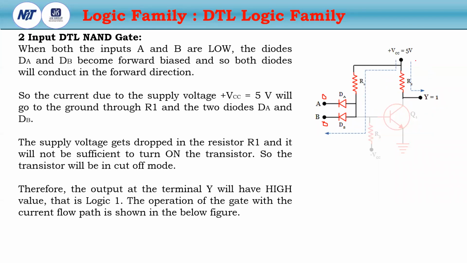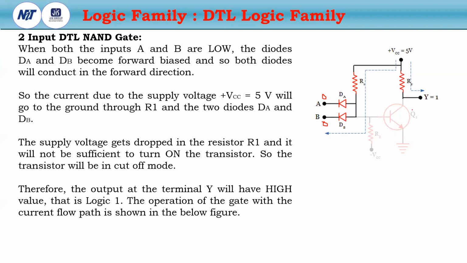So no current will be produced through R2, and there is no voltage drop at the base of the transistor Q1.